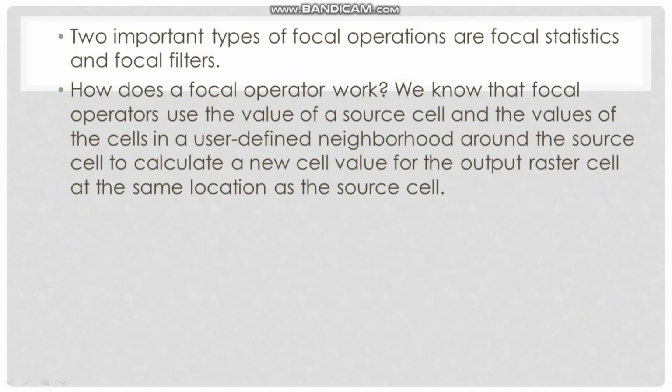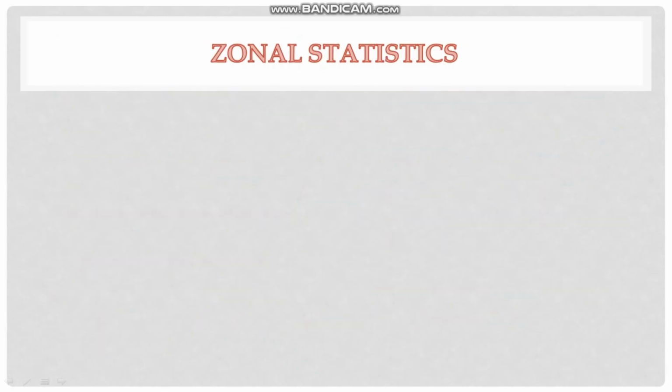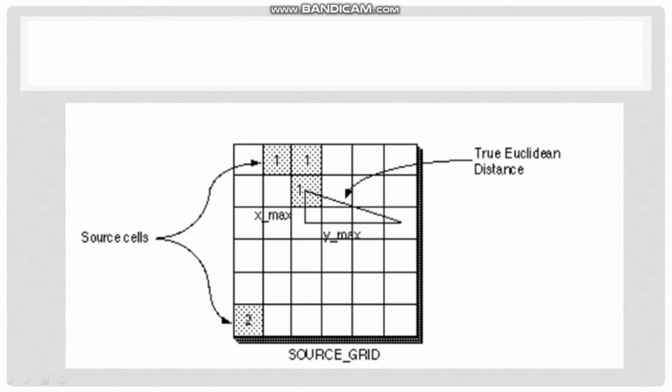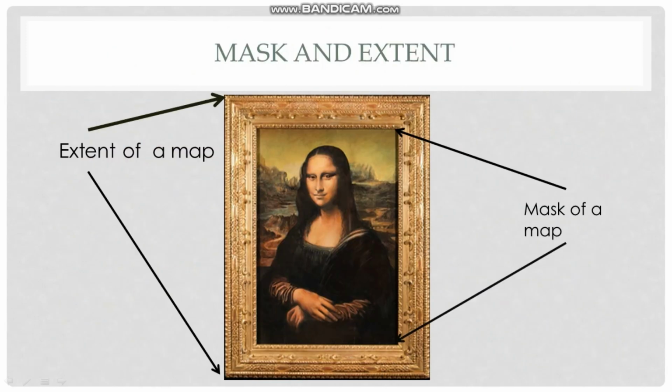For instance, Leonardo da Vinci's famous painting called Mona Lisa, and except the painting itself, the extent of a frame is like the extent of a map, if we compare paintings with maps, while the extent of the painting itself without the frame is the same as the mask of a map.